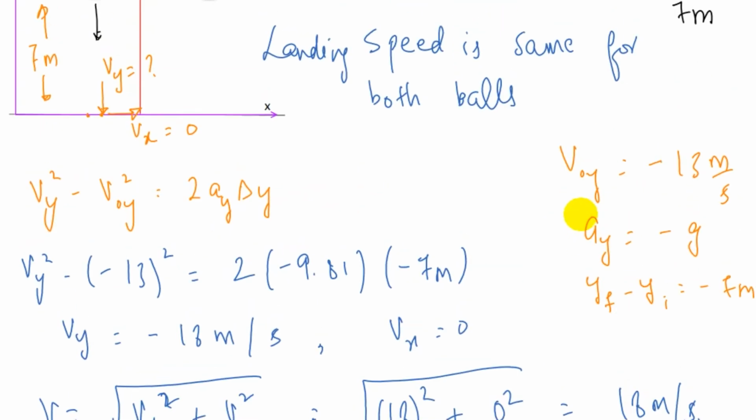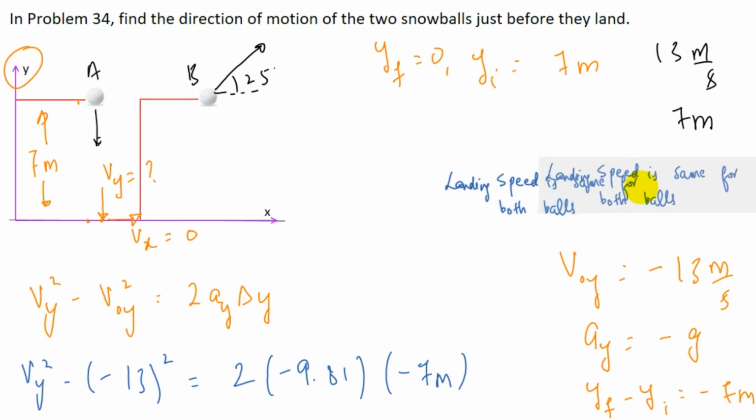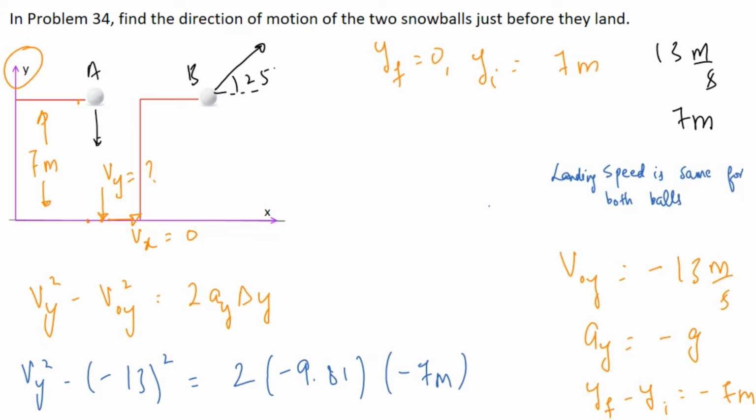Similarly, we can find the speed of ball B. Let me make this a little bit small so that I can show the trajectory of the ball. Ball B was thrown at an angle of 25 degrees above horizontal, so it will move like this. It will go a little bit up and then it will go down, and this would be the point at which the body reaches the ground.